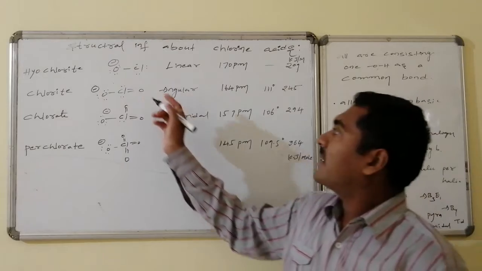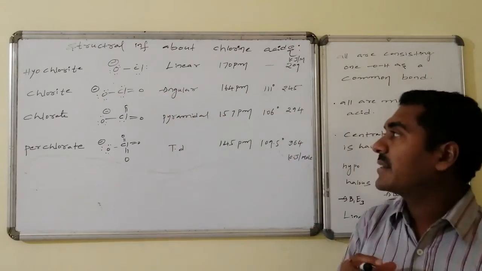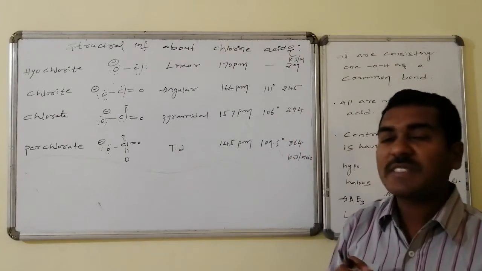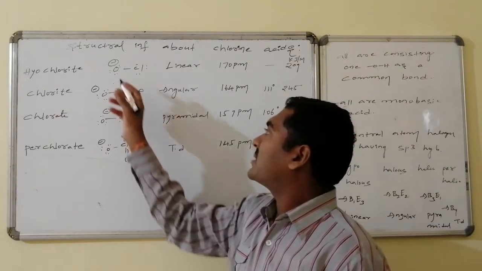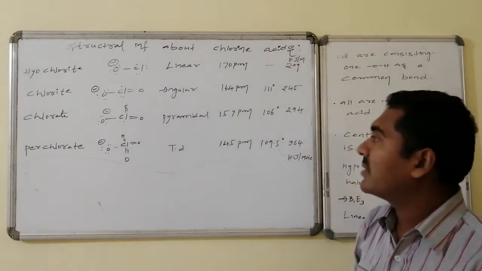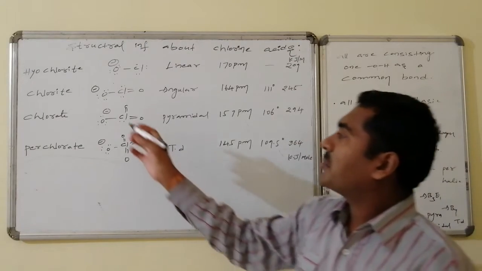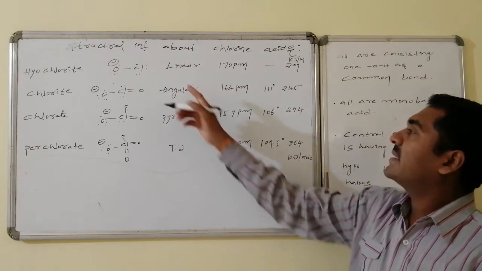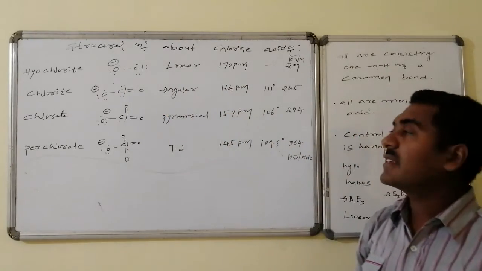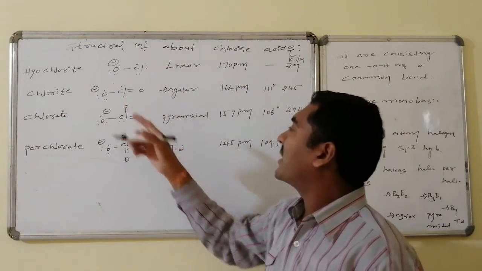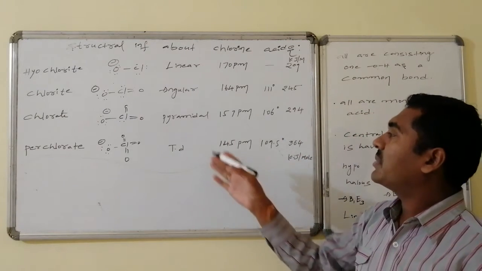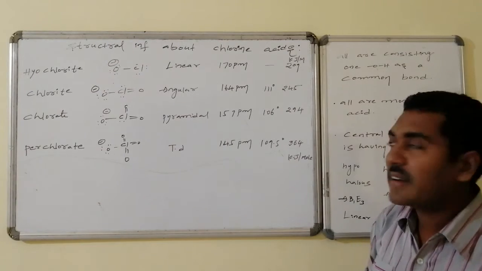Whereas the Lewis structure of the hypochlorite ion: the OH bond is broken in the form of H+, hence an extra lone pair is present on the oxygen, hence it has 1 unit negative charge. Similarly, the same thing happens in the case of chlorite, chlorate as well as perchlorate. It is linear because only one connectivity is there, and here it maintains two connectivities with two lone pairs and is angular in shape, then pyramidal in shape, and tetrahedral.